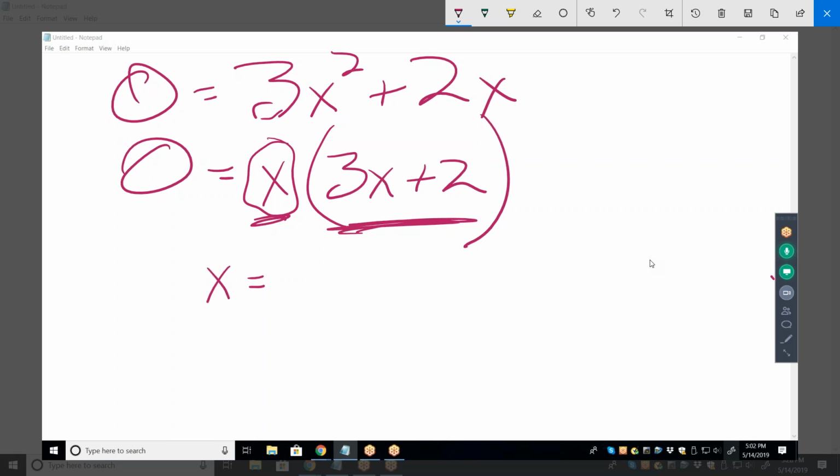In other words, what the first rule of algebra says is that if you have two things multiplied together equaling 0, then set both of them equal to 0. Well, one of them is x. So x can certainly be 0. And the other one is 3x plus 2 equals 0, which makes x what?